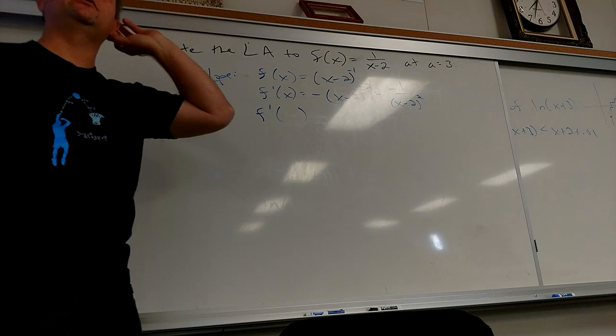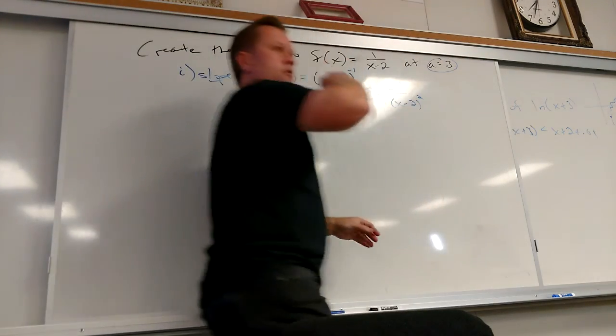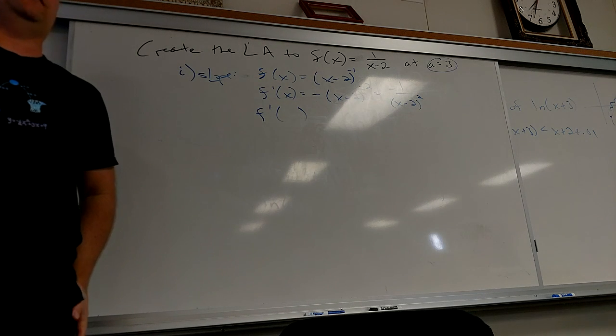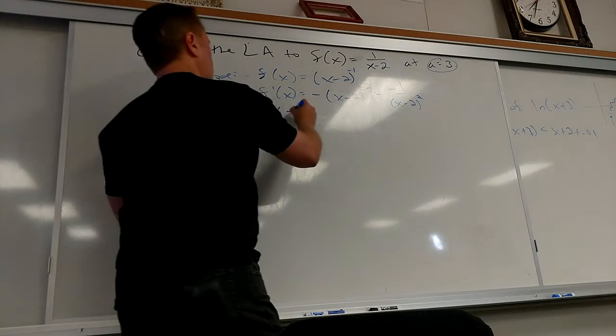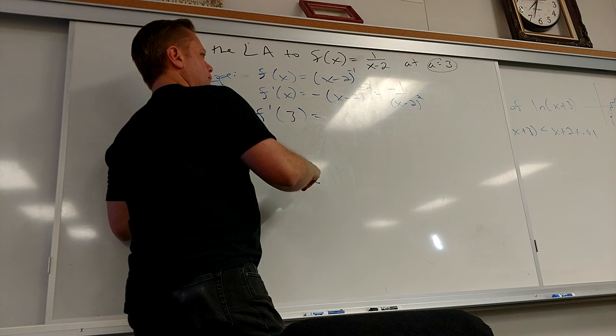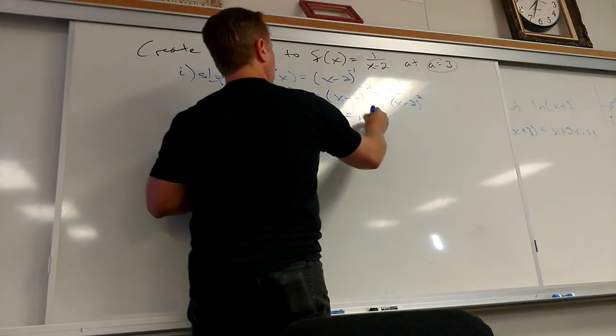What value am I building this around? 3. Yeah. Well, I want it to happen at a equals 3. They have to tell me what value I am building this thing around. So if I put a 3 in, what do I get? Negative 1. So that's my slope.